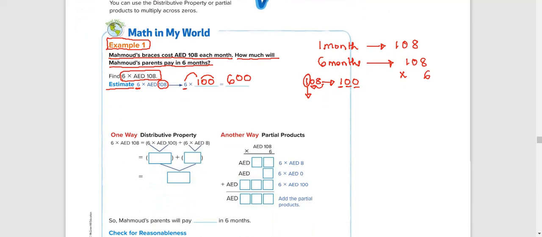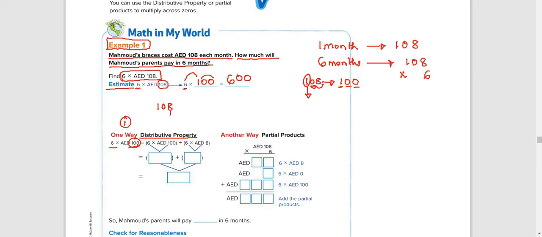Next, let's look at the actual multiplication. There are 2 ways explained here. I'm going to take you through the 2 ways. Okay, one way, we have the 6 times 108. Using the distributive property, which we have learned in our previous video, we can separate this 3-digit number 108 into 2 numbers.